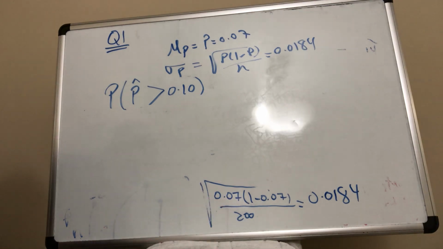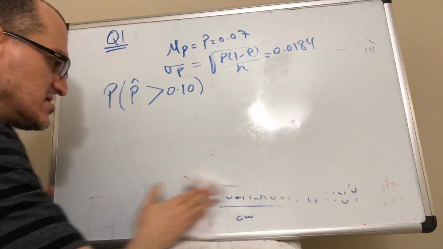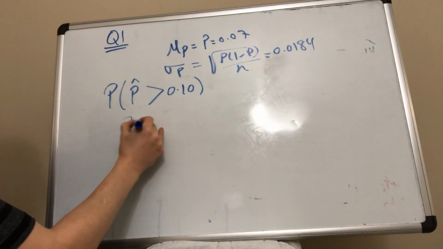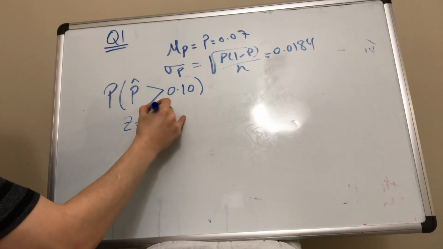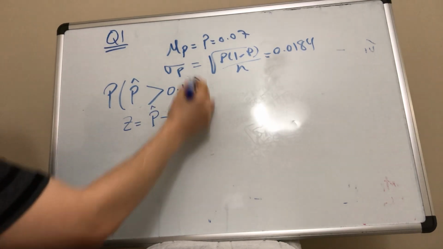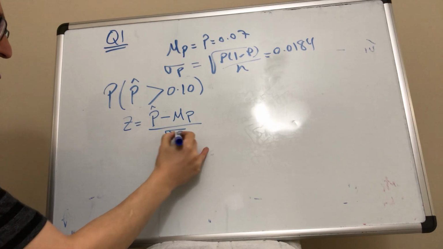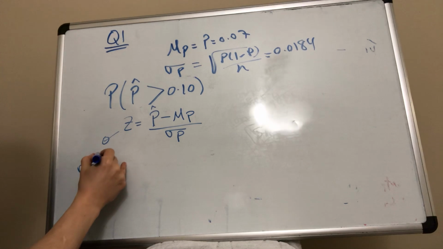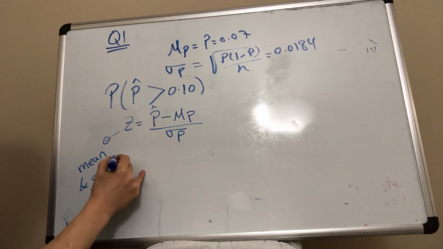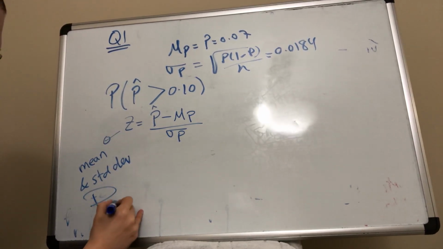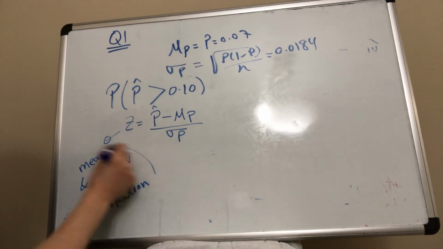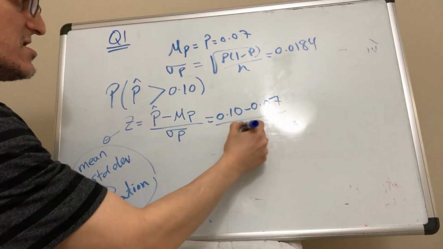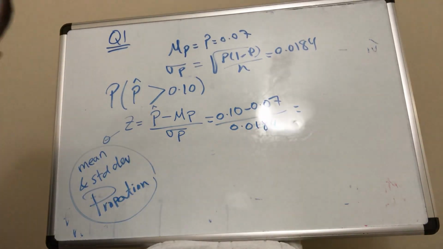In order to do any probability question in statistics, we need to find the z number. And the z number would be, in this case, p hat minus mu p over sigma p. This is the formula we use when you do mean and standard deviation for proportion. So it would be the 10% minus the 7% over the 0.0184.